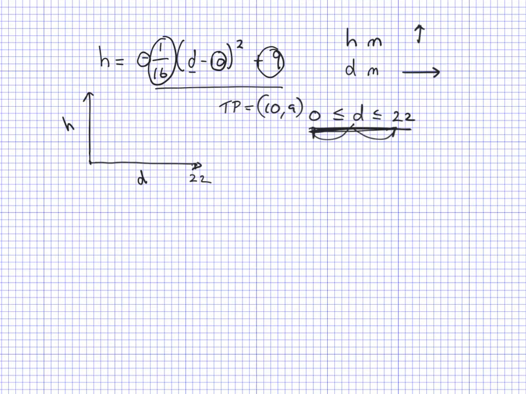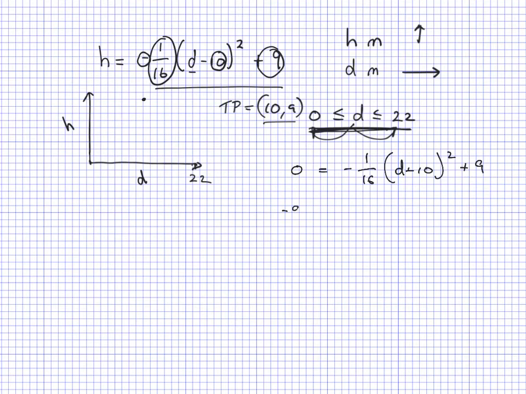All right, so now let's plot the turning point. It's at (10, 9), which we'll say is there. Then we know that in turning point form, to find the x-intercepts, we have to set h equal to 0. So we're going to say 0 equals minus 1/16 (d minus 10) squared plus 9.